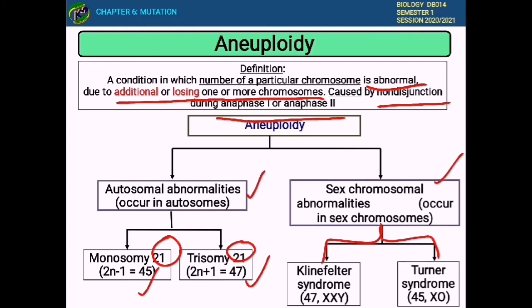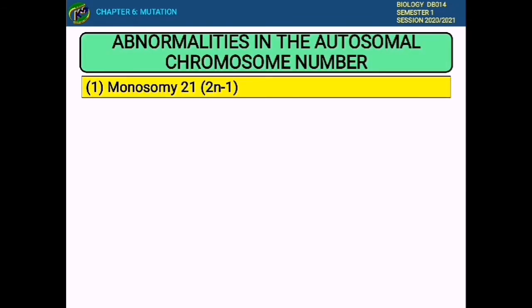For Klinefelter syndrome, we have 47 chromosomes, where the individual has one extra chromosome X. For Turner syndrome, the individual has 45 chromosomes, with XO, missing one sex chromosome.